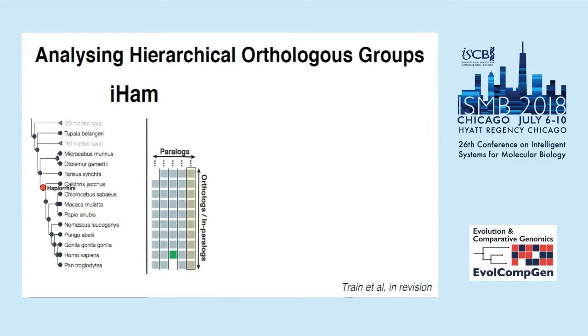And I just want to say, if you're building HOGs, hierarchical orthologous groups, a big problem is how you can then analyze and visualize this. So we are also developing some downstream tools. For instance, some ways of visualizing them in a web browser, selecting some ancestral nodes of interest and seeing what are all the orthologs and the paralogs.